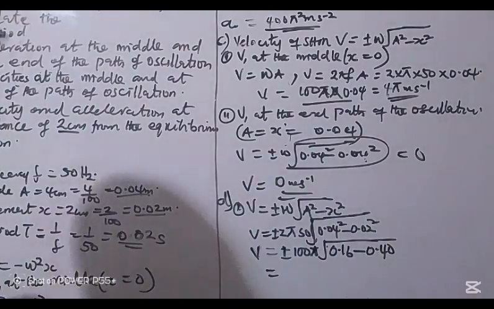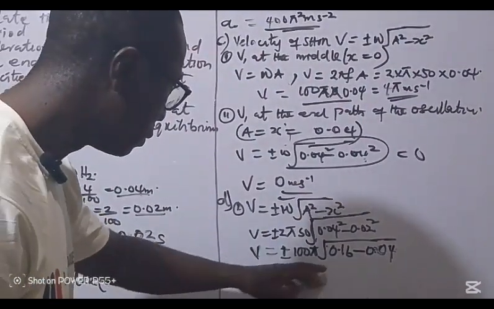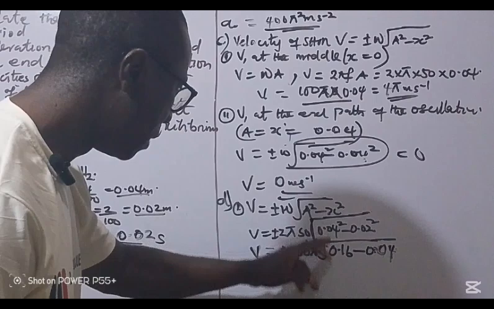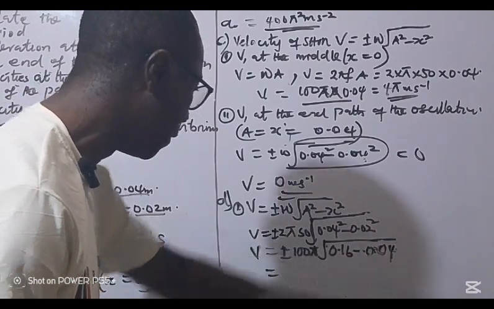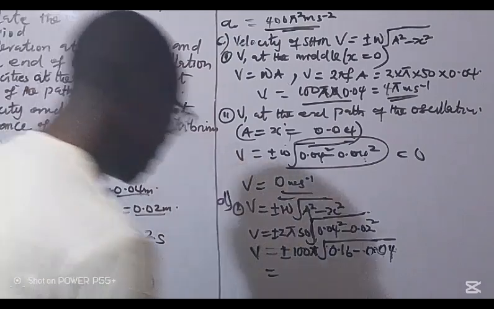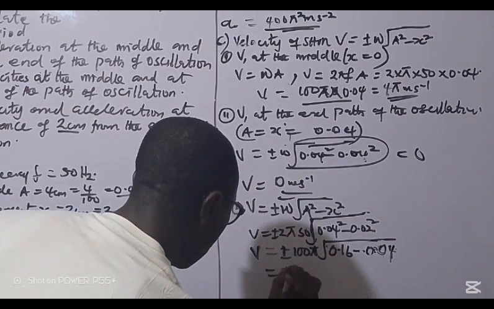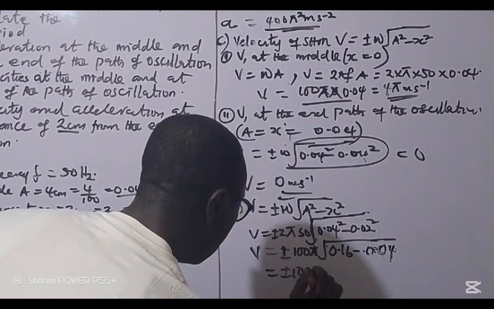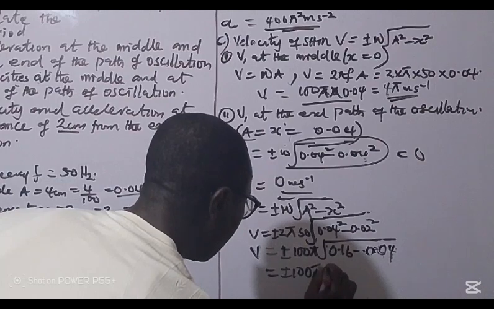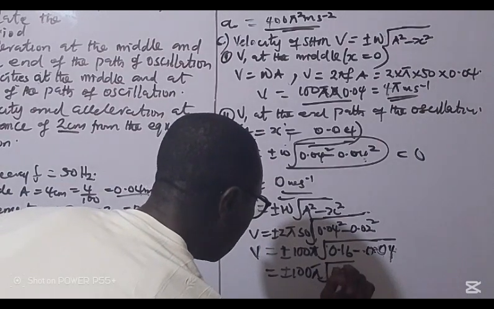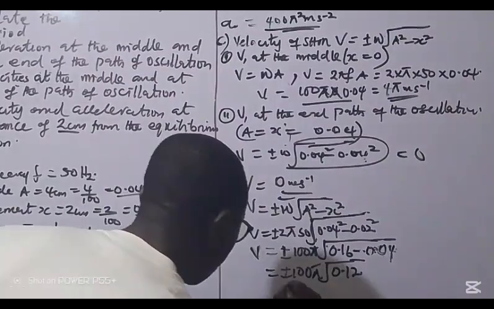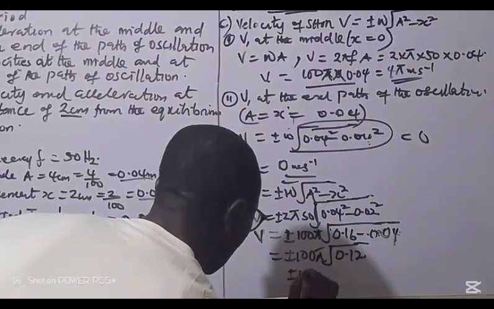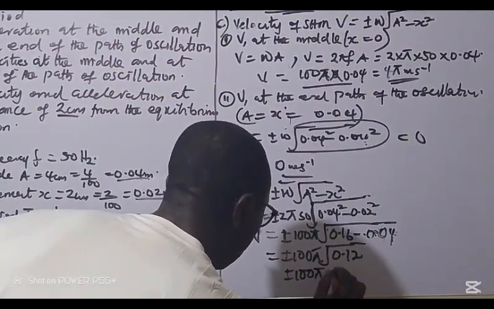Now that gives us 0.16 minus 0.04, and it now gives us plus or minus 100 pi into square root of 0.12. So it will give us plus or minus 100 pi multiplied by 0.346.